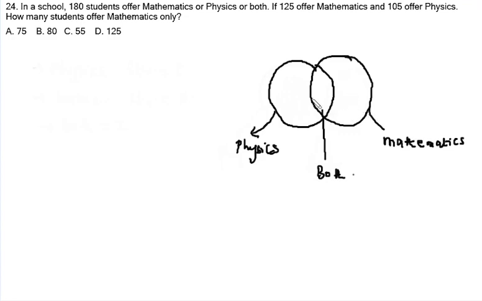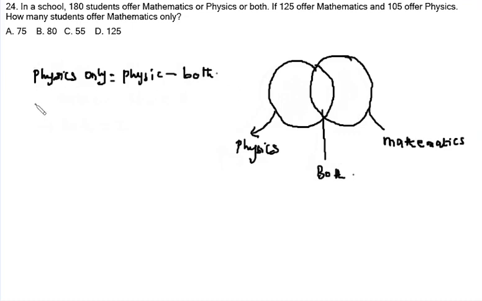So if you have this whole circle of people that offer physics, it makes sense to say people that offer physics only is equal to people that offer physics minus people that offer both. Okay, and then same thing for mathematics.